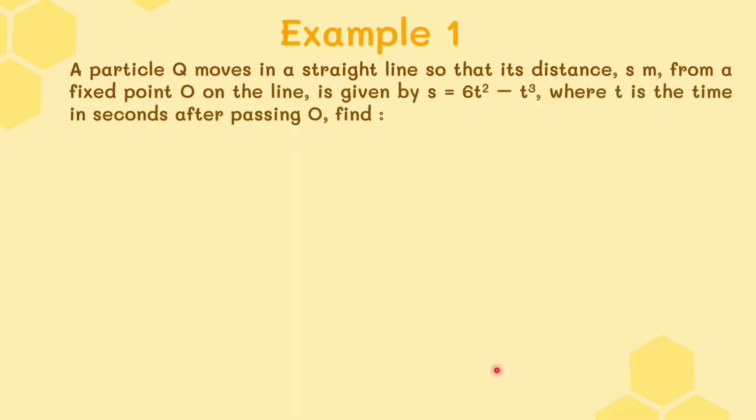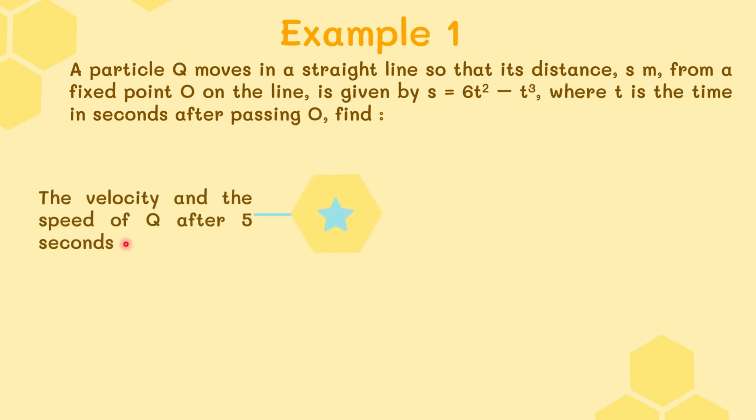Let's see example 1. A particle Q moves in a straight line so that its distance s in meters from a fixed point O on the line is given by s equals 6t squared minus t cubed, where t is the time in seconds after passing O. Find first the velocity and the speed of Q after 5 seconds.